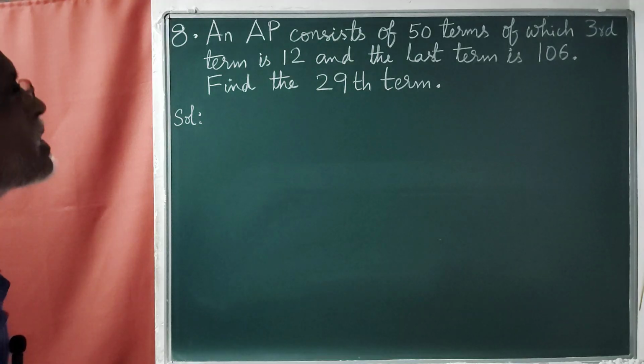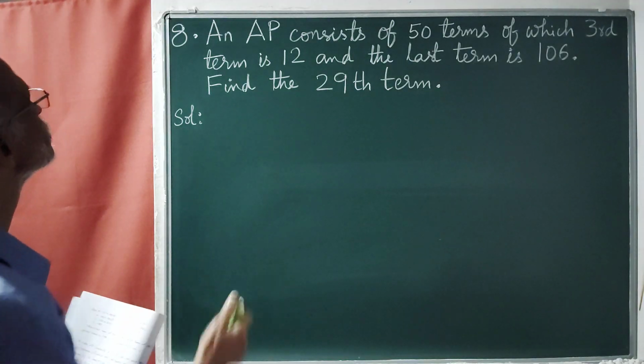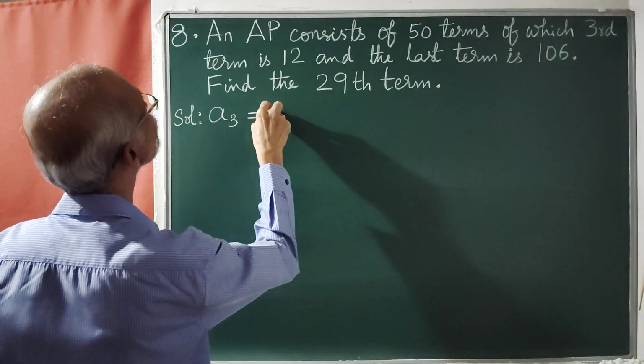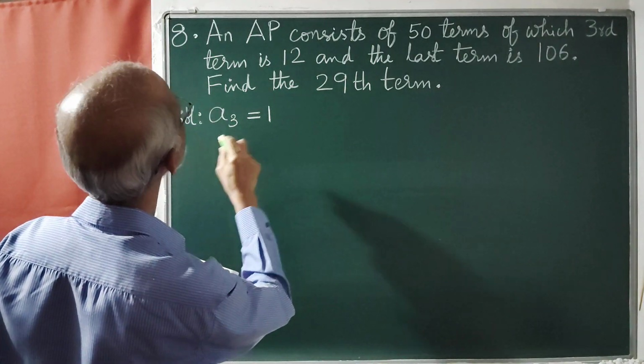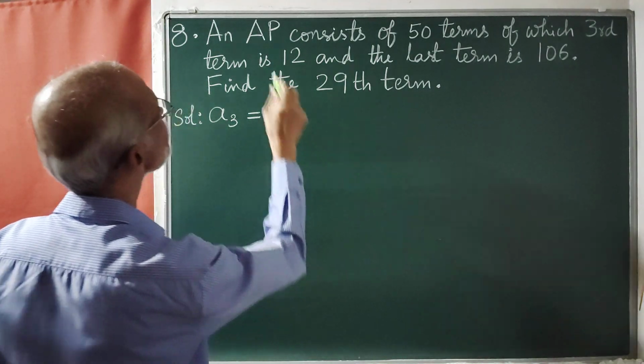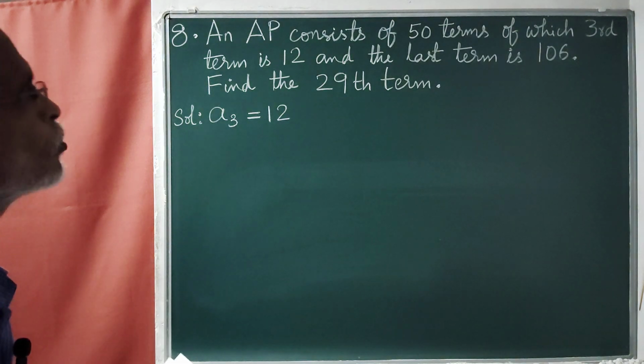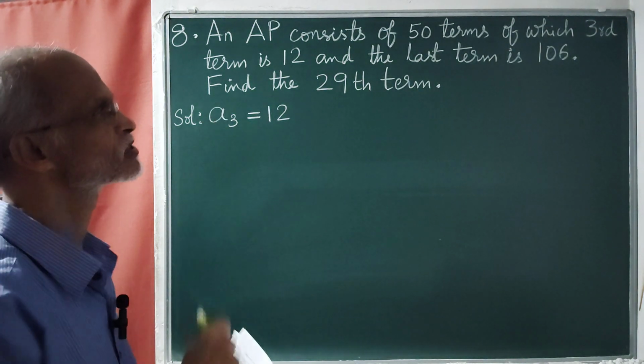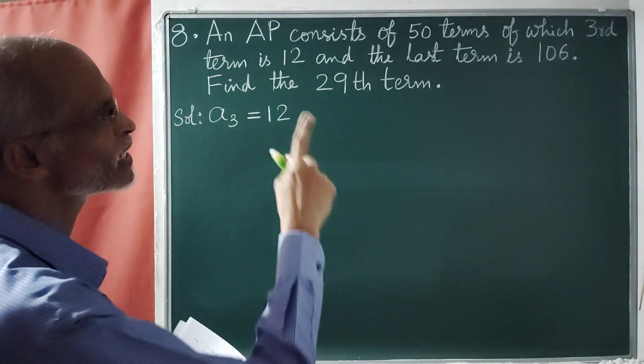So here, third term is 12. So A3 is equal to 12. Now, the AP is consisting of 50 terms and the last term is 106.